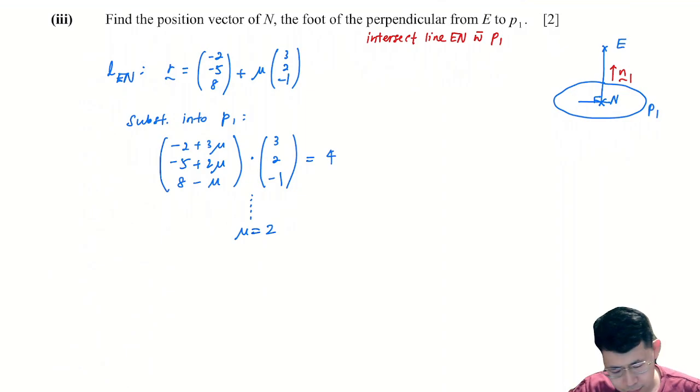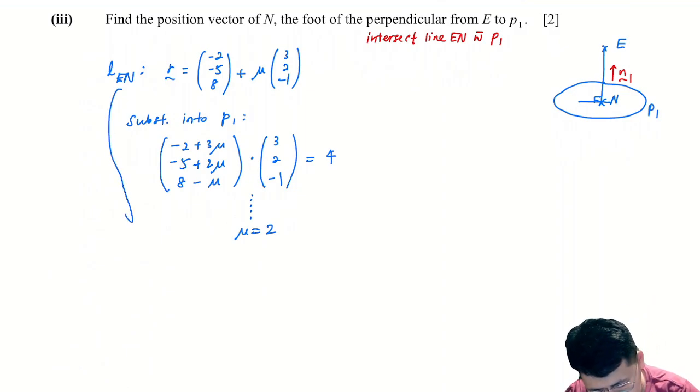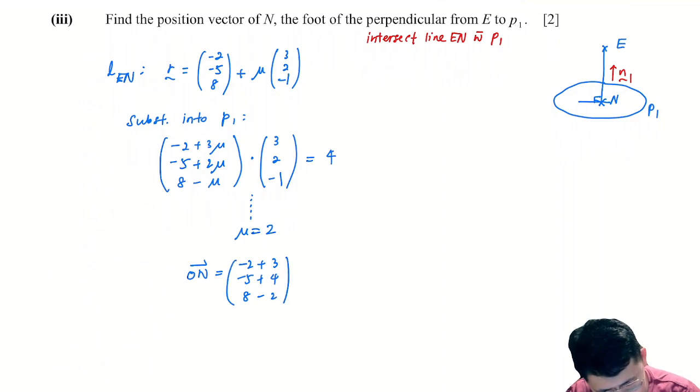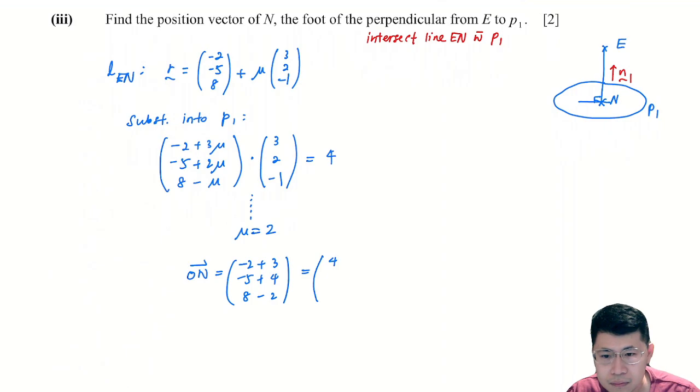Because of this, our position vector ON would be (-2 + 2 times 3, -5 + 2 times 2, 8 - 2 times -1). So the position vector of N would be (4, -1, 6).